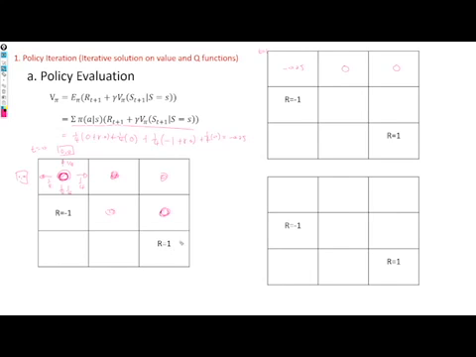So it's going to be 1 over 4 times 1 plus 0, 0, 0. So positive 0.25, and that is negative 0.25 because we have a neighboring cell with negative 1. And for the same reason here is positive 0.25 and negative 0.25.